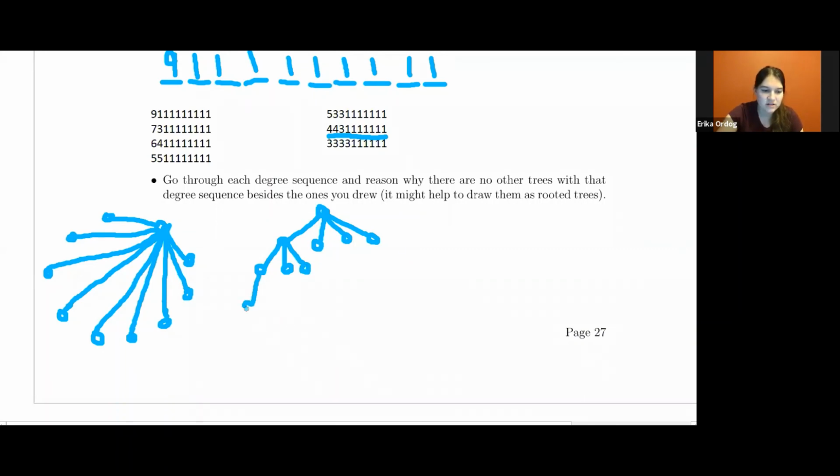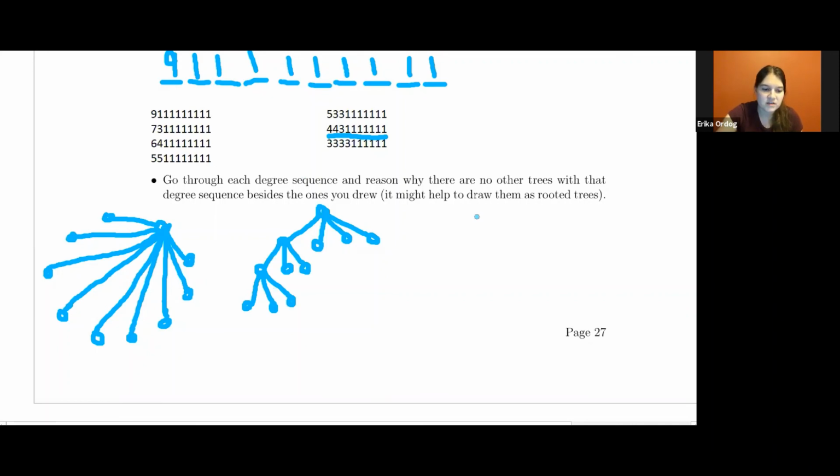Well, we could add it onto here. And notice if I chose this vertex instead of this one to attach all of these other edges onto, these two graphs would be isomorphic. It doesn't matter which one we choose to attach these onto. Okay, so here's one answer to our problem.